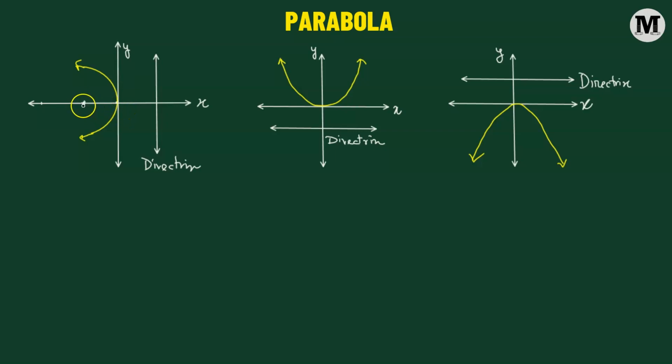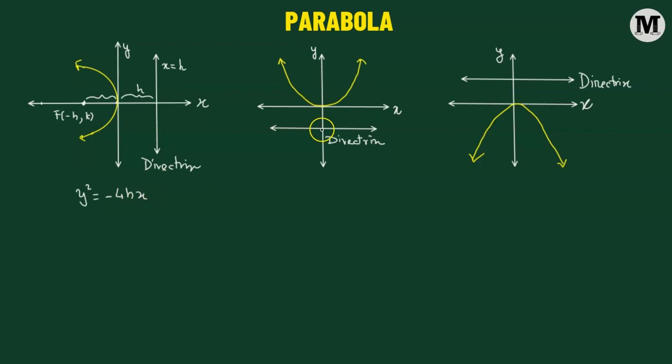Now, the focus is going to be at this particular point F. But we're going to consider the focus to be having the coordinates negative h, comma, k, which means that the distance of the focus from the y-axis is going to be h, but it's negative h because it's on the left of the y-axis, which means that the distance of the directrix from the vertex will be positive h, telling us that its equation is going to be given by x equals positive h. Now, when we solve this, then we're going to get the equation of the parabola is y squared equals, we'll get a negative sign here, negative 4hx.